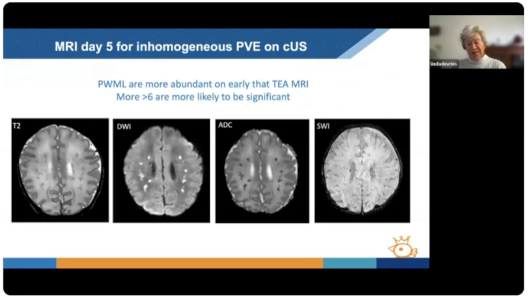So these punctate lesions, here we see them very clearly, many of them in the white matter, widespread on the diffusion, on the ADC map, and not on the susceptibility weighted images. So these are not hemorrhages, what people sometimes say because they are low signal on the T2 sequence. But more than 6 are likely to be significant.